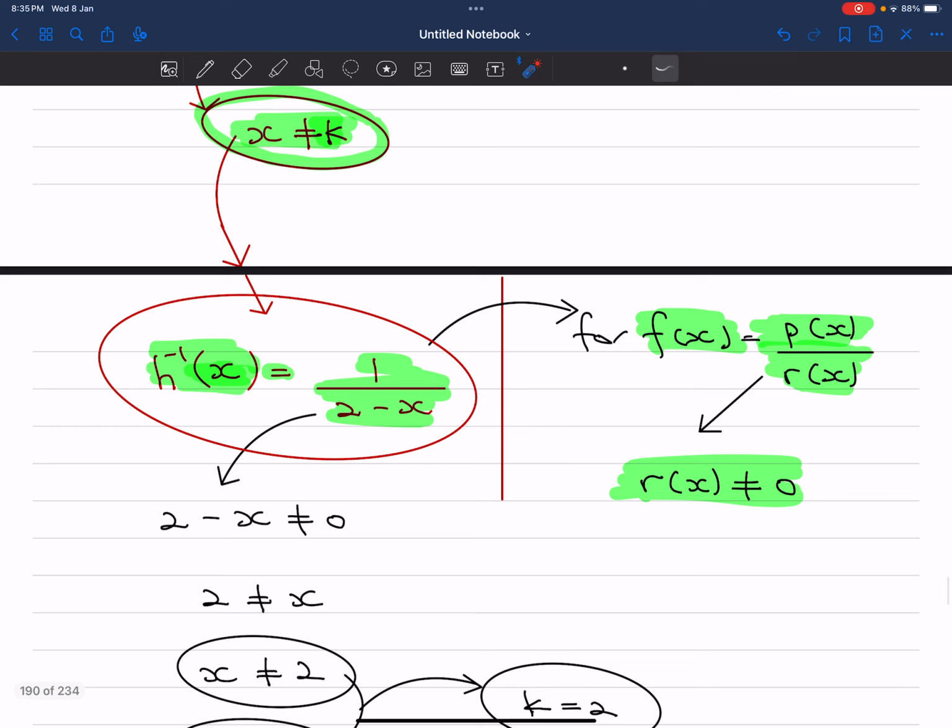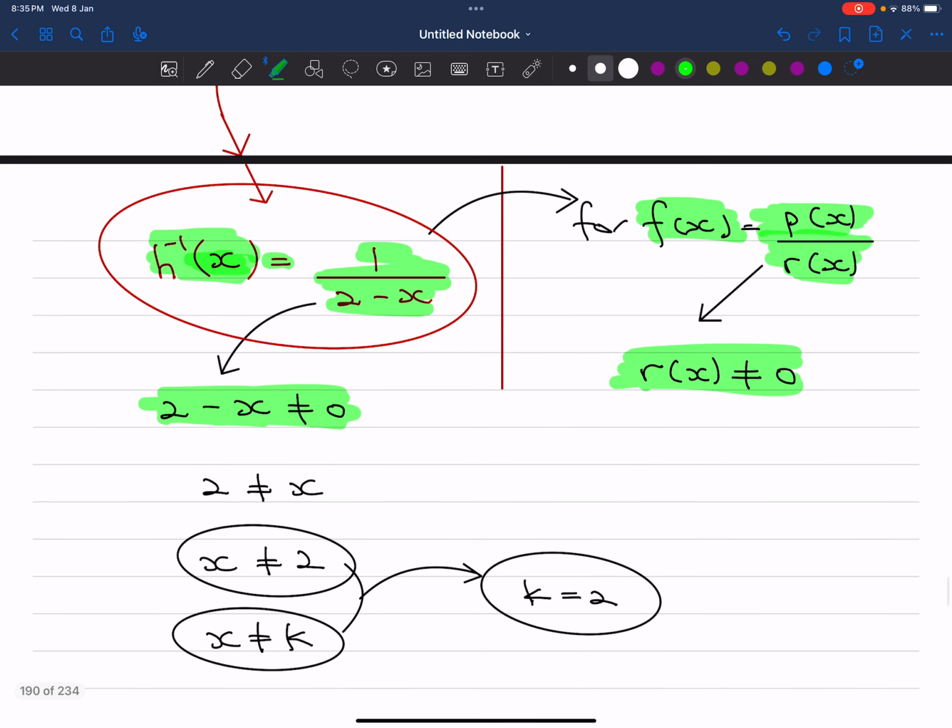For this function h inverse x, which is a fraction, the denominator 2 minus x cannot be 0.